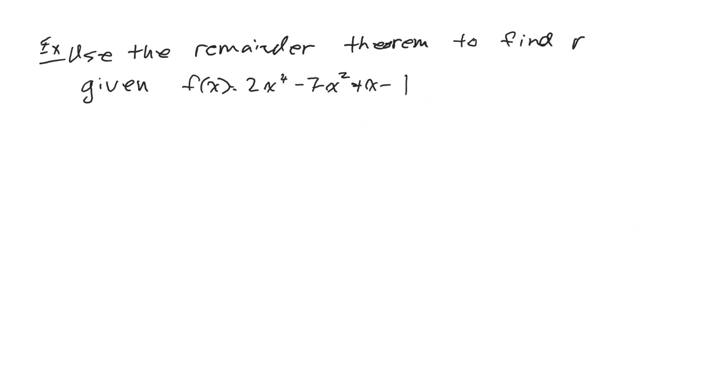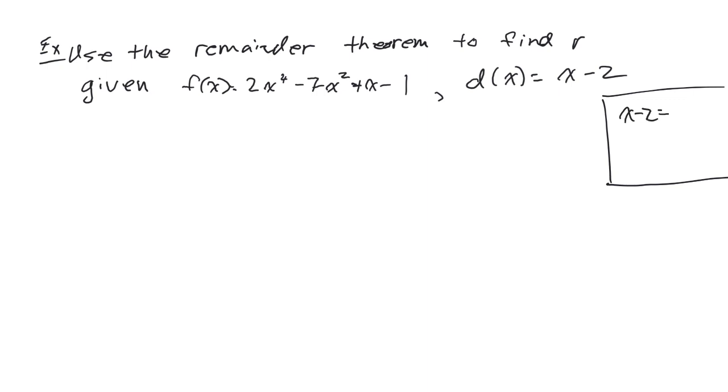So use the remainder theorem to find r, given that f(x) is equal to 2x to the 4 minus 7x squared plus x minus 1, and we're going to divide it by d(x) equal to x minus 2. So here's what the remainder theorem says. Basically what you're doing is you set x minus 2 equals 0.